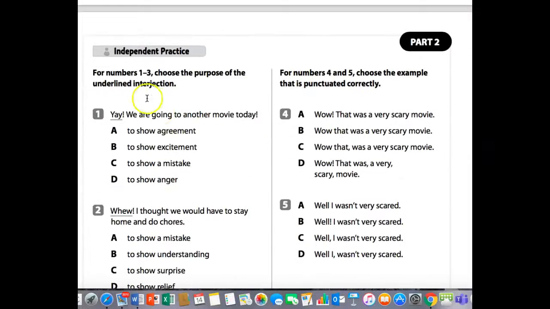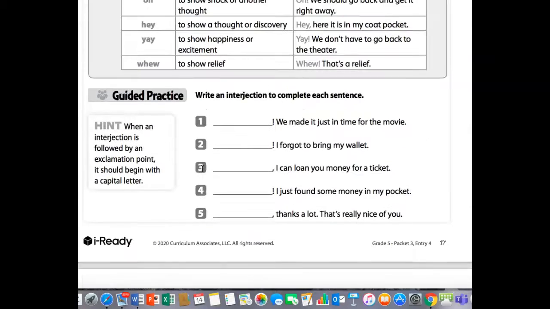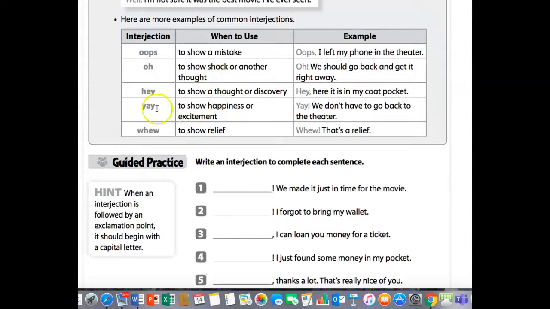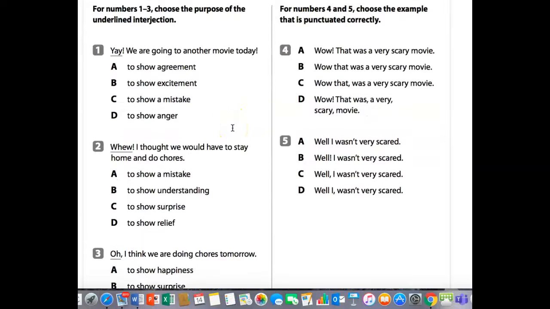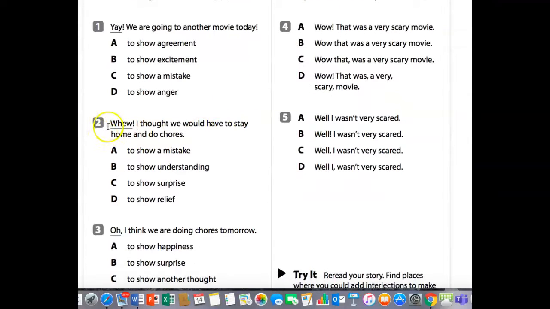Let's look. Yay, we are going to another movie today. Is that showing agreement, showing excitement, showing a mistake, or to show anger? You can look right here and it tells you a little hint. Go ahead and mark that. Number 2. Phew, I thought we would have to stay home and do chores.